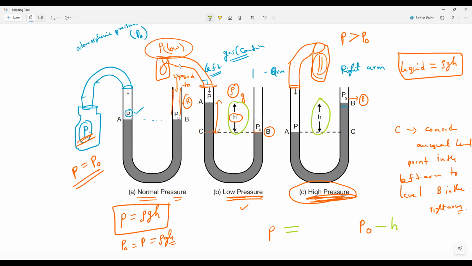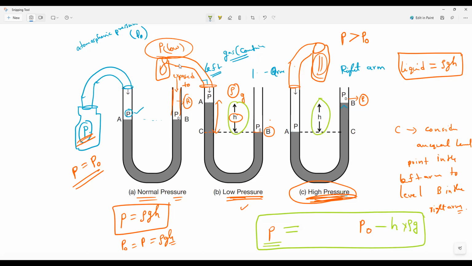This is the formula for calculating pressure of any kind of gas with the help of a U-tube manometer.